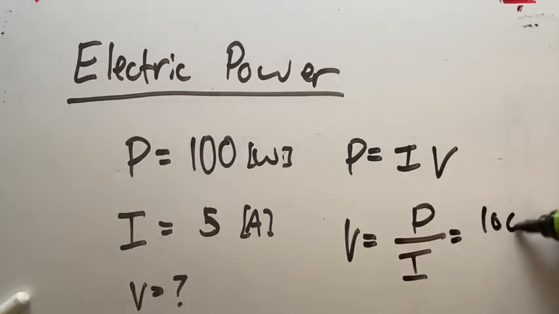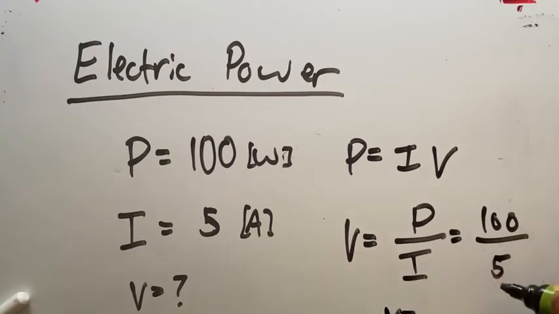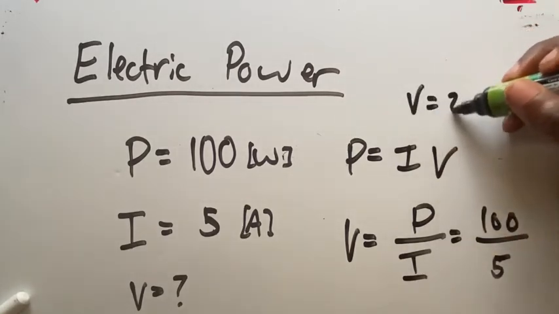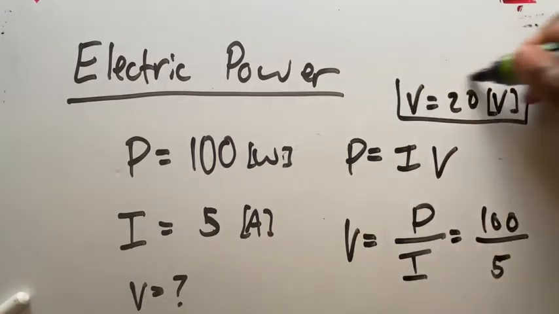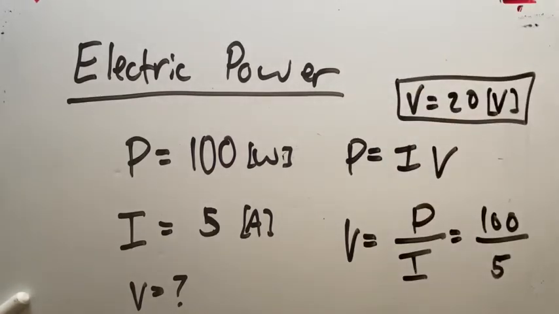And so it's going to be 100 divided by 5. So the voltage is going to be what? 20. Oops, can't see that. Voltage is going to be 20 volts. Boom.